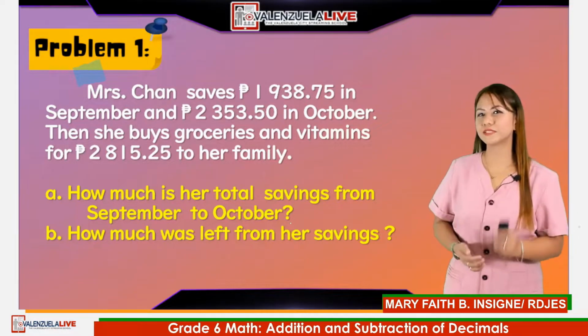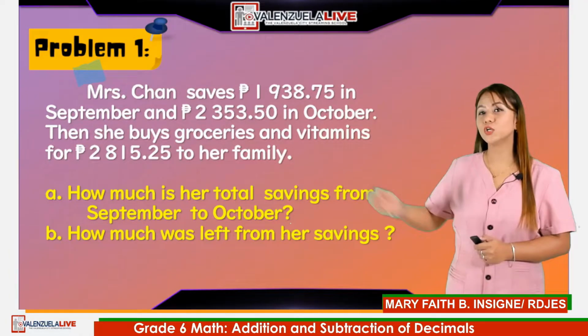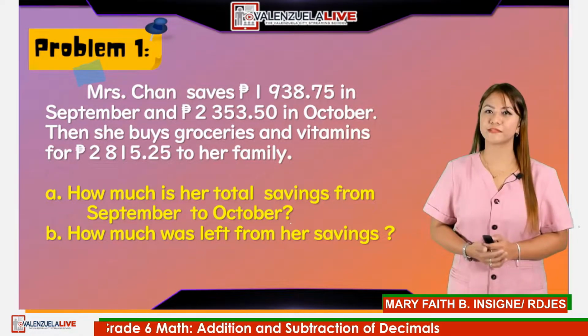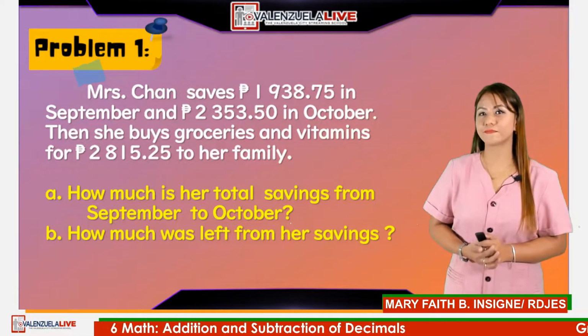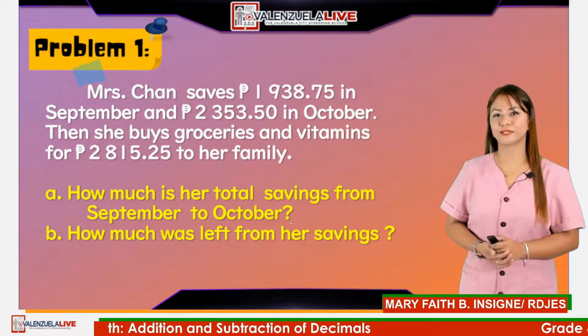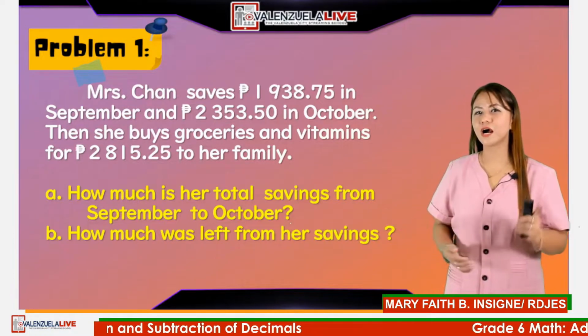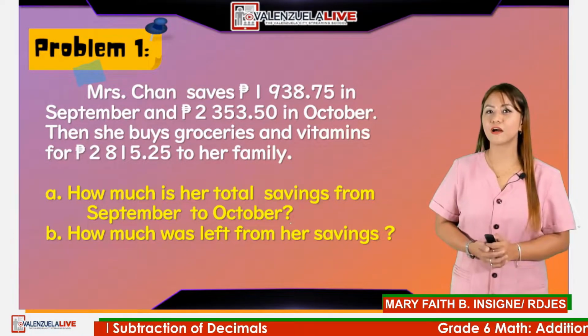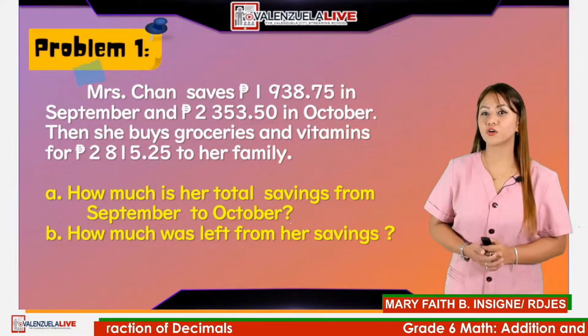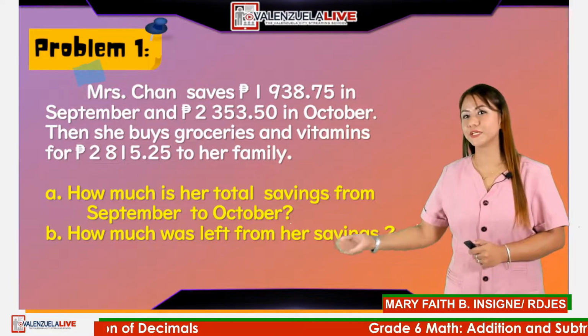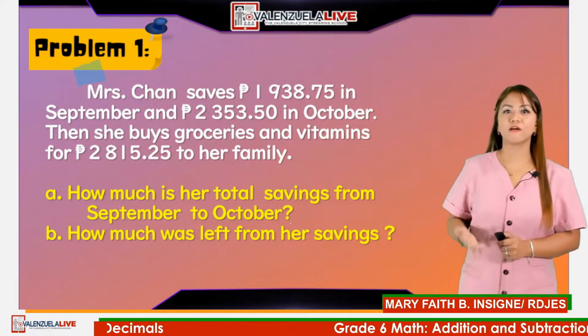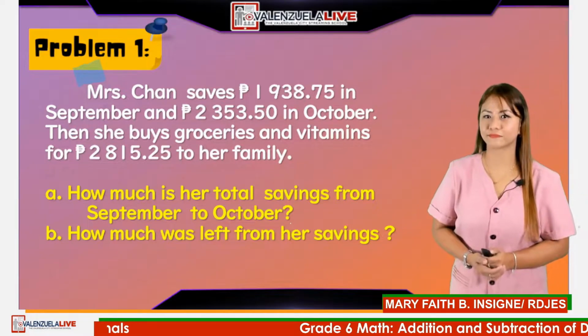Then she buys groceries and vitamins for 2,815 pesos and 25 centavos for her family. Let us answer the following questions. Letter A, how much is her total savings from September to October? And letter B, how much was left from her savings?